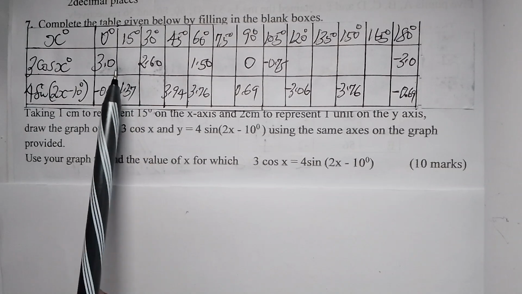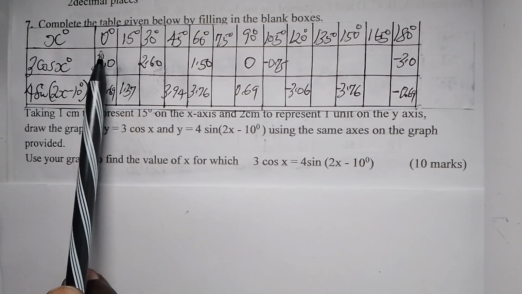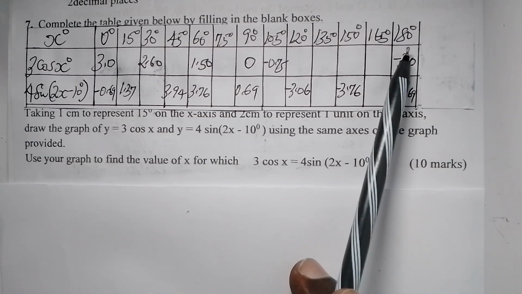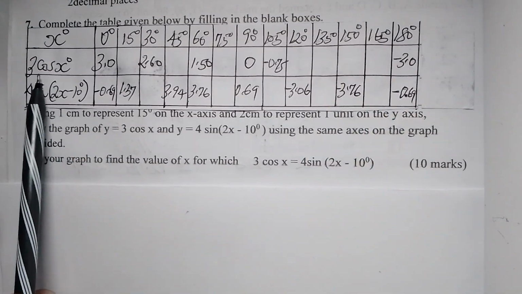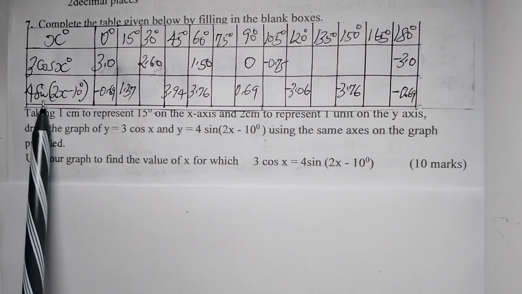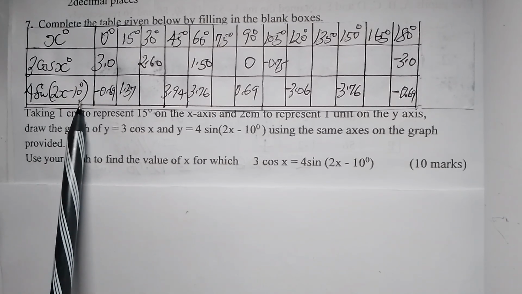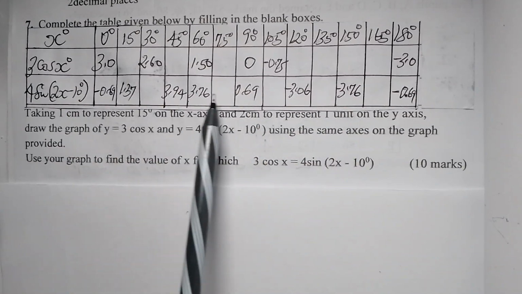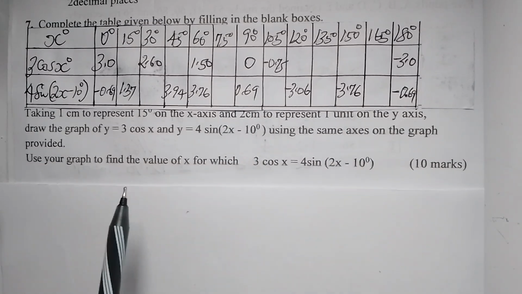So the table has a range of values from 0 up to 180, and then the functions 3 cos x and 4 sine 2x minus 10.